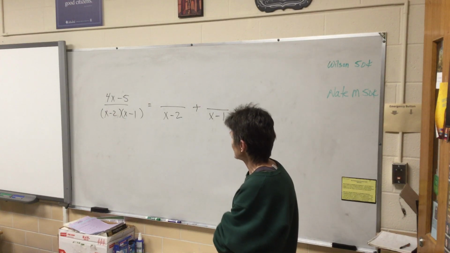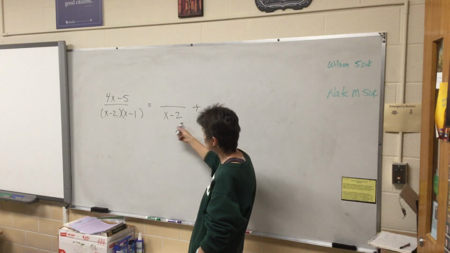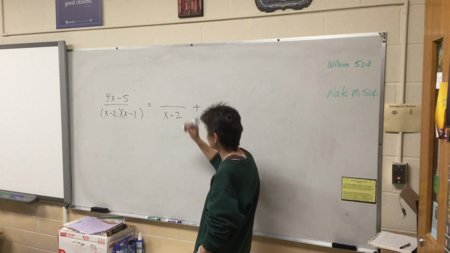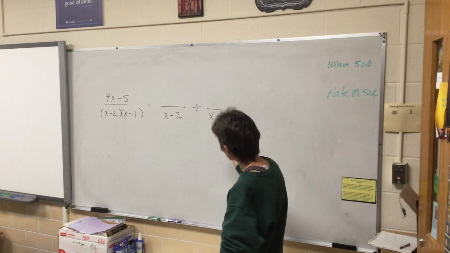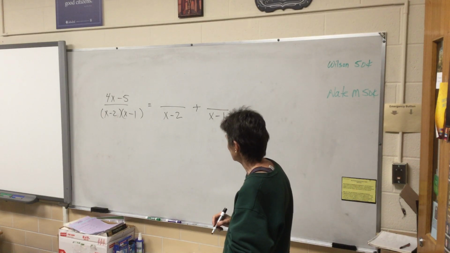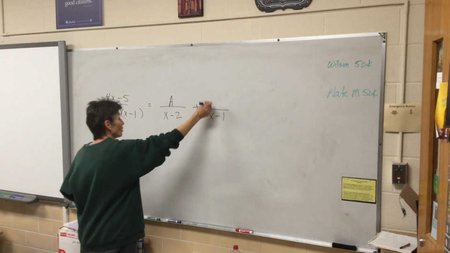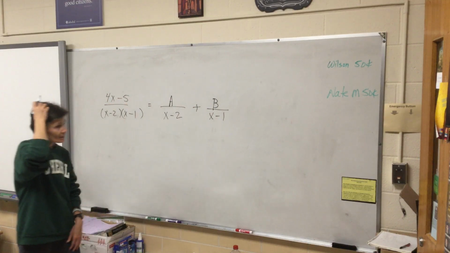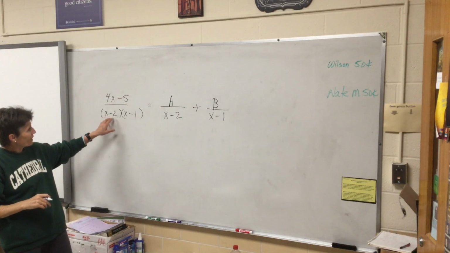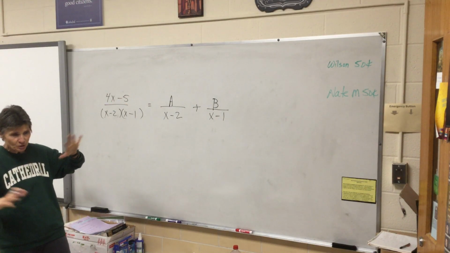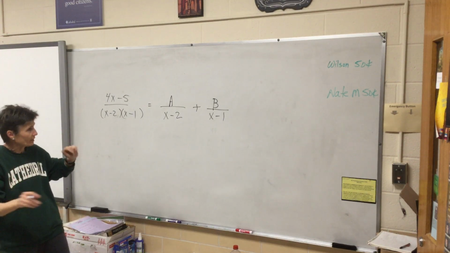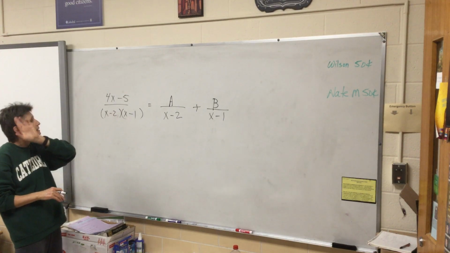So I'm going to write this as the sum of two smaller fractions. One has a denominator of x minus 2, one has a denominator of x minus 1. Okay, and then I don't know what the numerators are, so I'll call them A and B. I wouldn't call them X and Y because the problem already has X's in it, but you could call it P and Q or some other letters. I always use A and B.